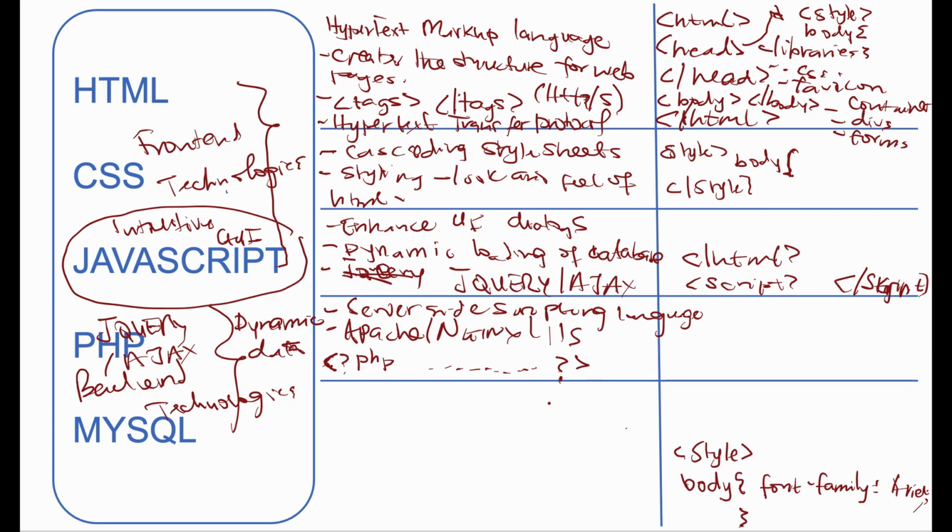Again, now we move to the other technology, and this is MySQL. MySQL is a relational DBMS, database management system, and it is the language of love for open source developers, and you will see a lot of it.